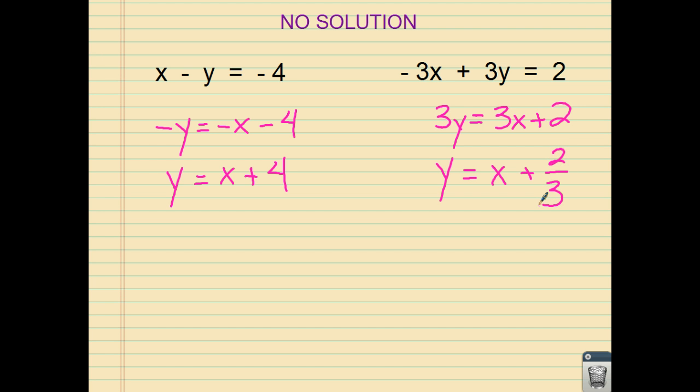All right. Now I've taken both equations and I've put them into slope-intercept form. And what I really want to focus in on is this idea of the slope being 1 for each one of these equations.